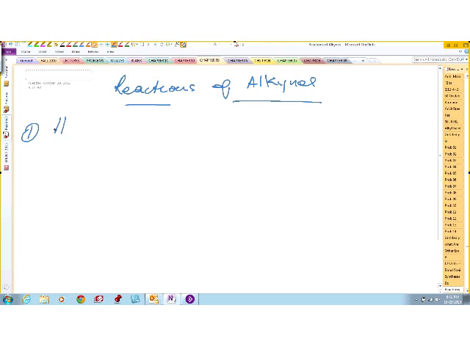So let us start with 1, hydrogenation. Hydrogenation simply means we are adding hydrogen atoms across the carbon-carbon triple bond.